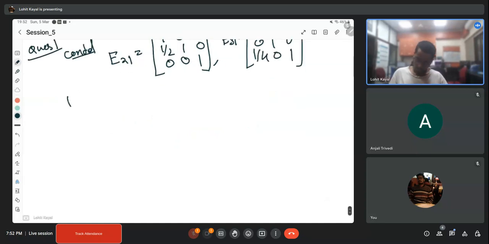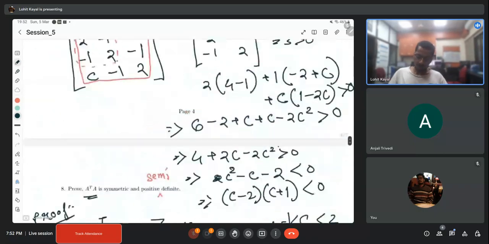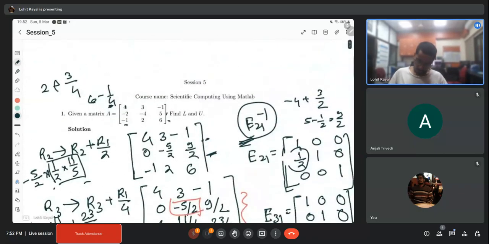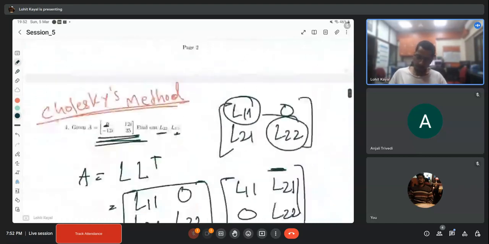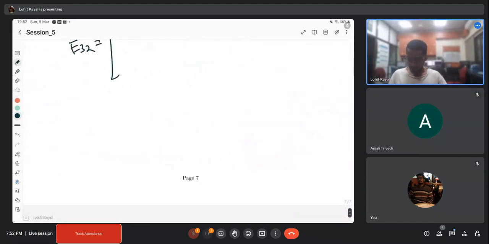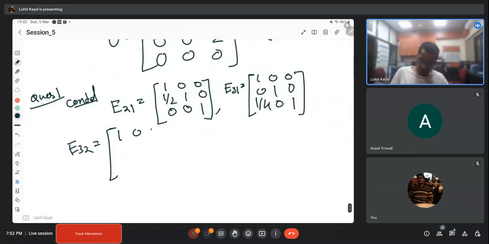And E32, it is probably 11 by 10, the off-diagonal element. But again let's be sure, yeah, it is 11 by 10. It is [1 0 0; 0 1 0; 0 11/10 1].